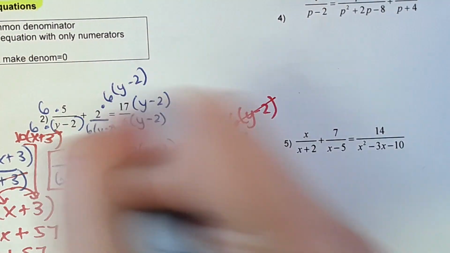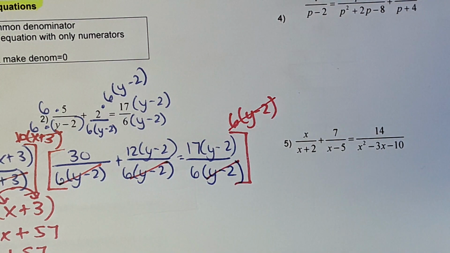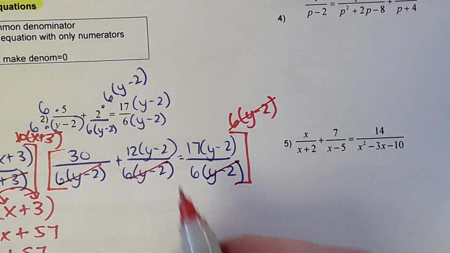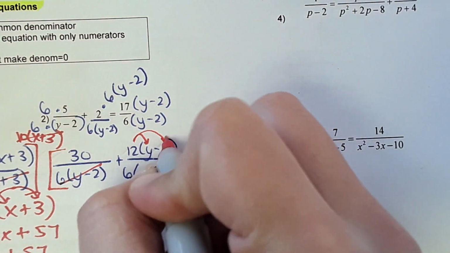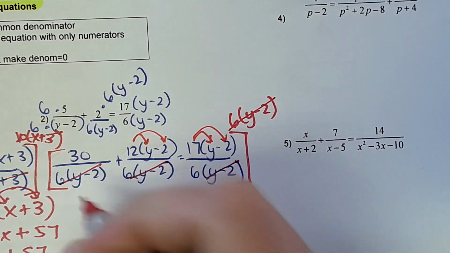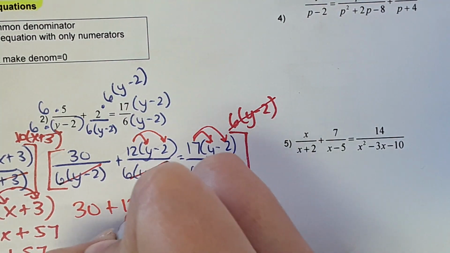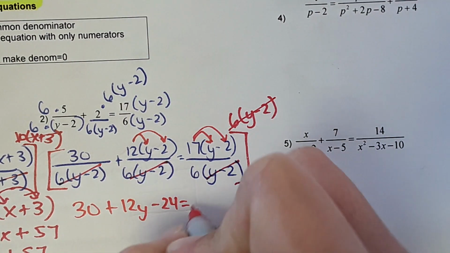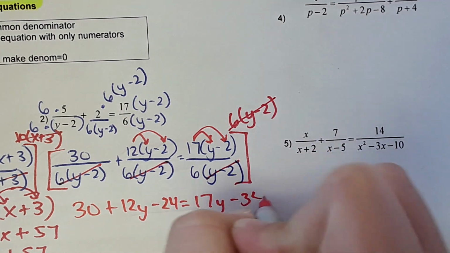Then everything cancels. And as I rewrite all this out, I'm just going to distribute as I go just to save myself the extra step. So 30 plus 12y minus 24 equals 17y minus 34.